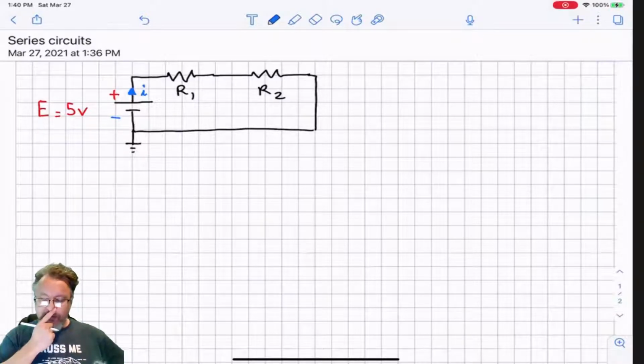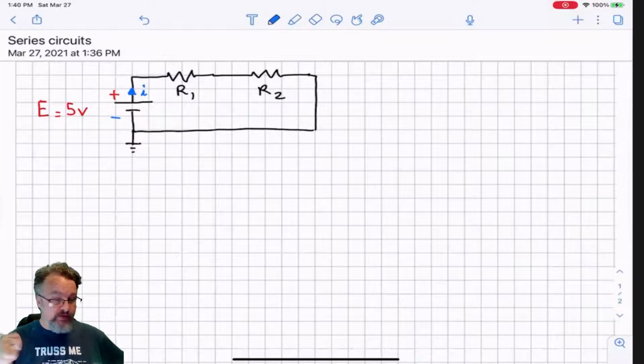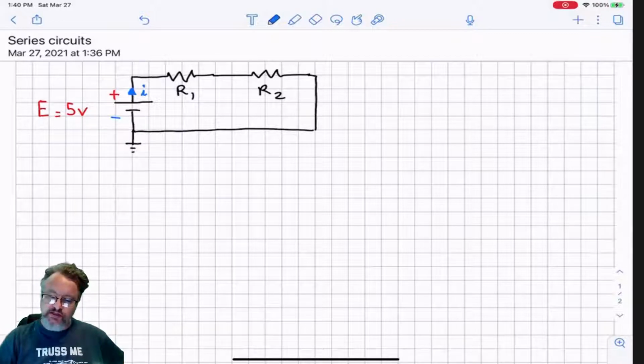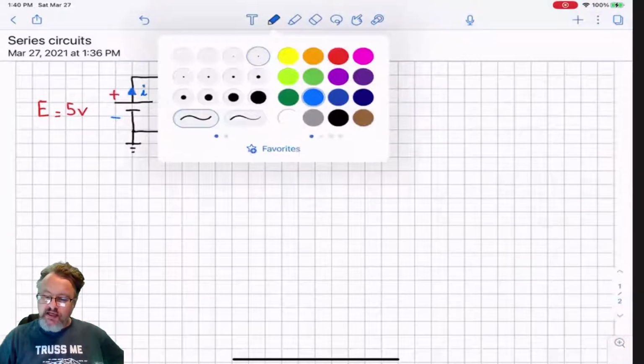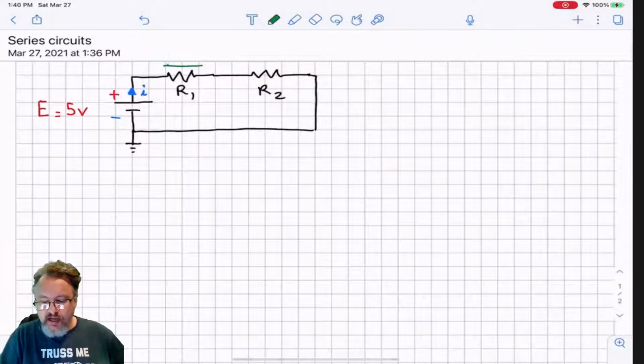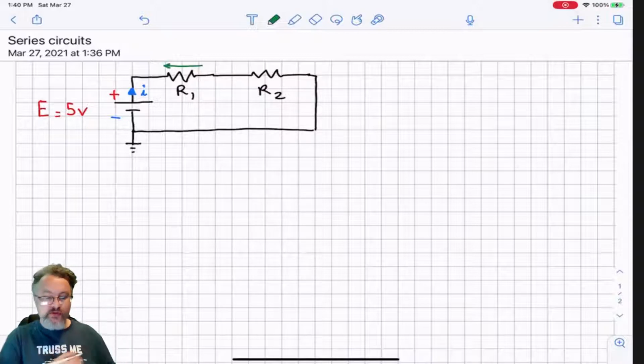So this is the current, and since the electrons only have one path to go through, we know that the current through the first resistor, which traditionally we write I1, will be equal to the current going through the second resistor. Both resistors are going to act as loads for the source, that is the battery.